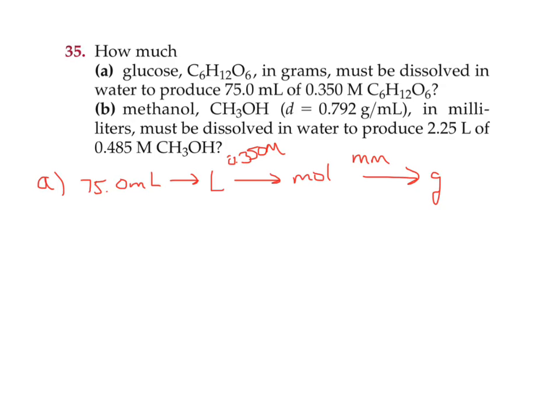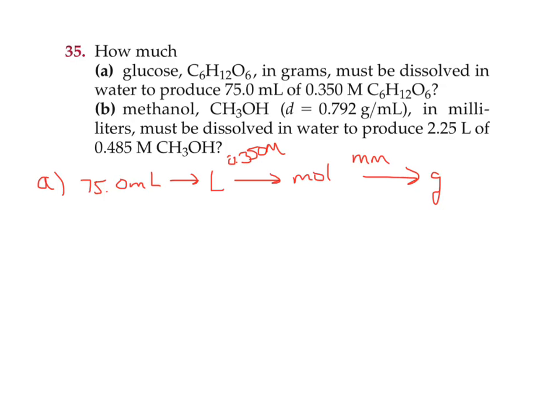So you're going to go from the volume, convert it to liters, and then you're going to use molarity, that's the 0.350 molar, to get from liters to moles, and then you're going to use the molar mass to get from moles to grams.